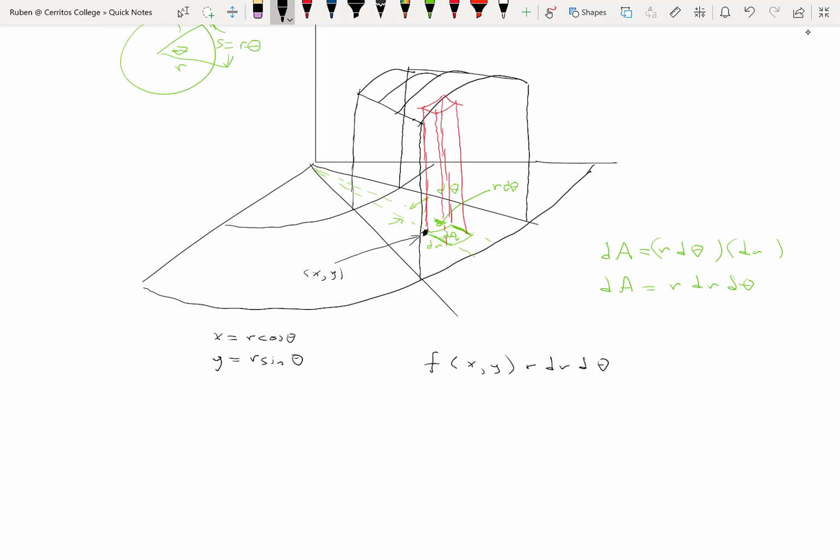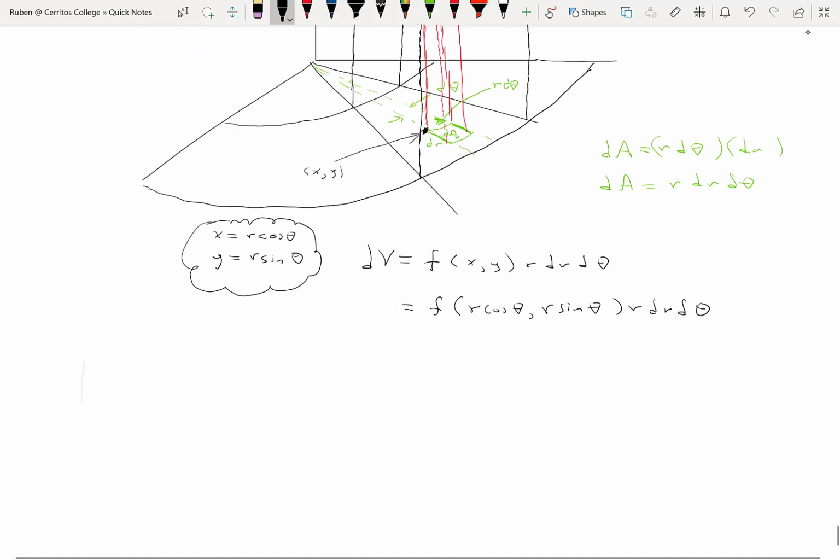So we can't really ever escape from the idea that we have a connection between x and y and r and theta. So the volume of our little polar box, we'll call dV, is then f of r cosine theta, r sine theta, r dr d theta.